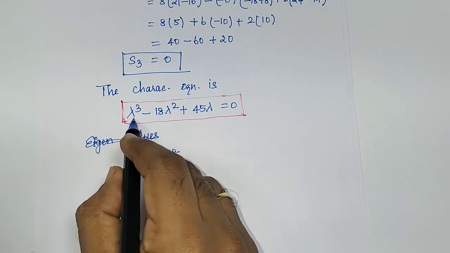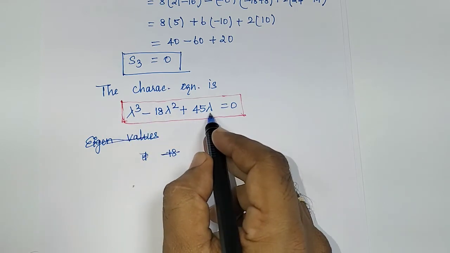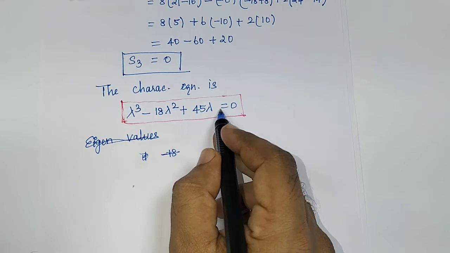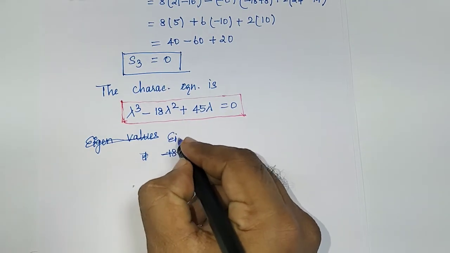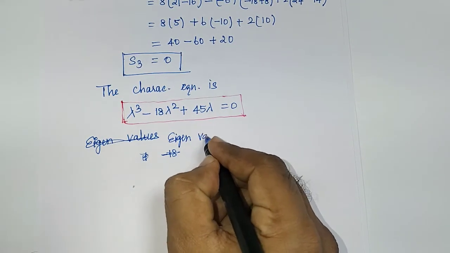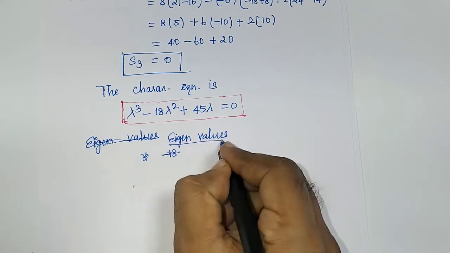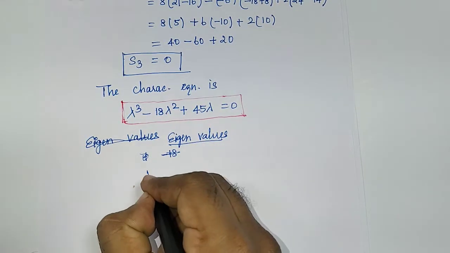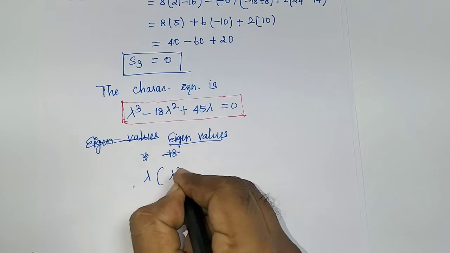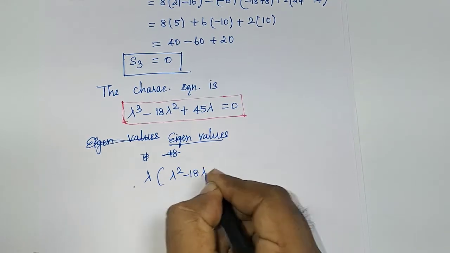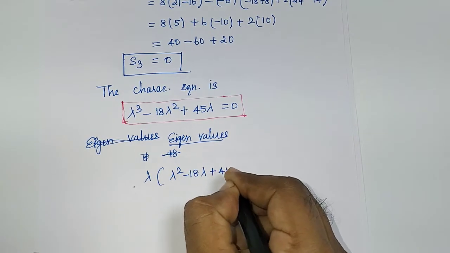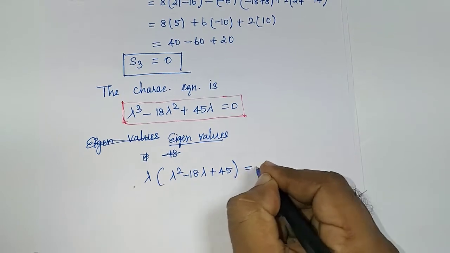In your characteristic equation the final term would be a constant, but here there is no constant term, so we can easily find the eigenvalues. I'm going to take lambda outside: lambda into lambda square minus 18 lambda plus 45 is equal to 0.